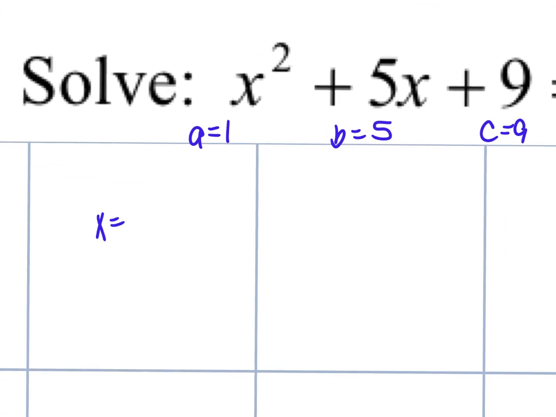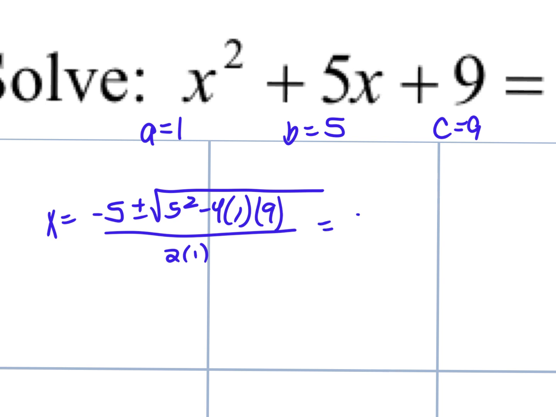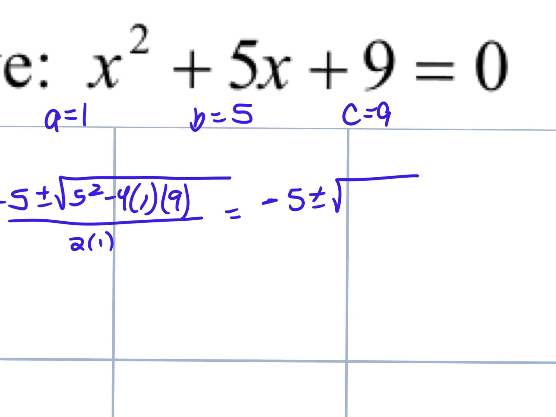So x equals negative b, so negative 5, plus or minus the square root of 5 squared minus 4 times 1 times 9, all over 2 times 1. And as we simplify along here, we have negative 5 plus or minus, well, 5 squared is 25, minus 4 times 1 times 9 is 36, all over 2.